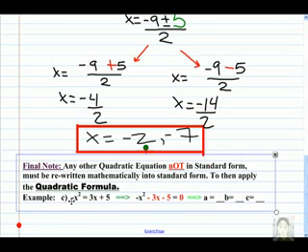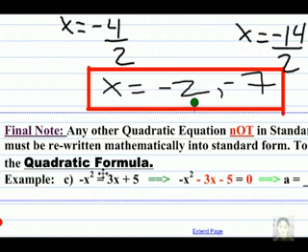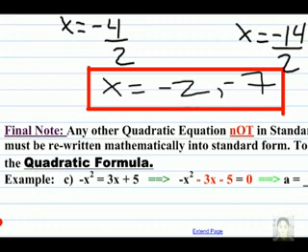For example, example C, if you run into a problem that looks like this, negative x squared equals 3x plus 5, then you want to mathematically make it into standard form, such that A equals negative 1, B equals negative 3, and C equals negative 5.